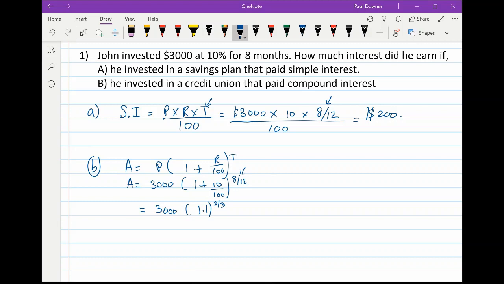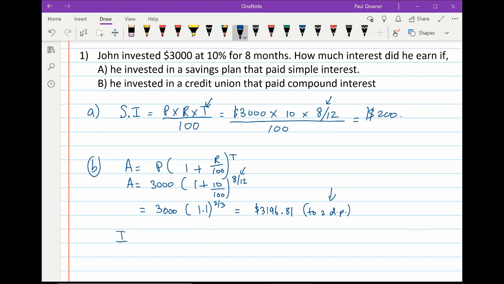So on working this out, we will get a figure of $3,196.81 if we round it off to 2 decimal places. Always indicate what you are approximating it to.